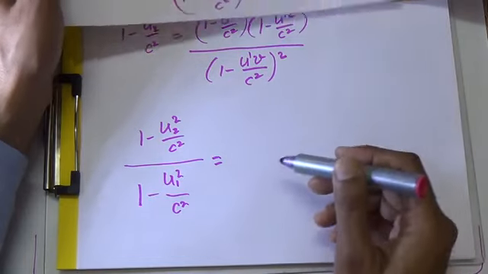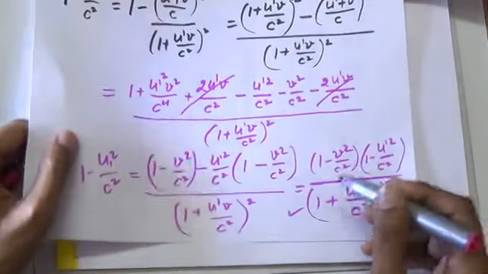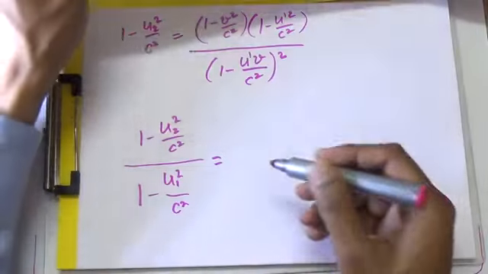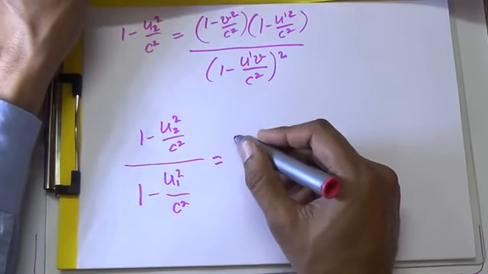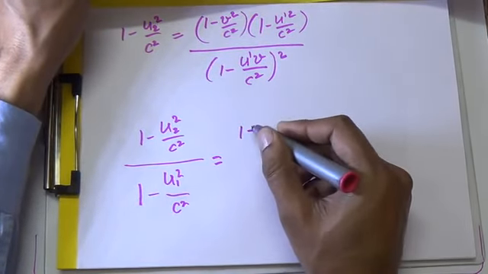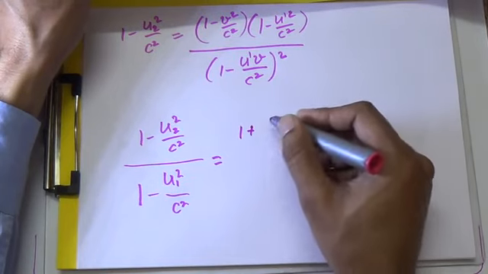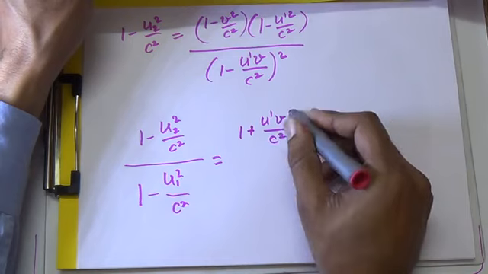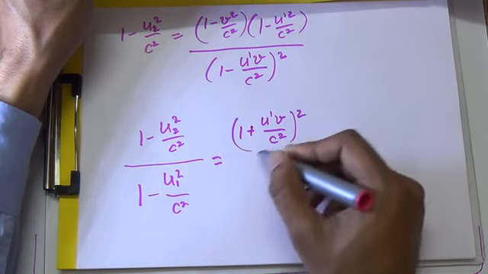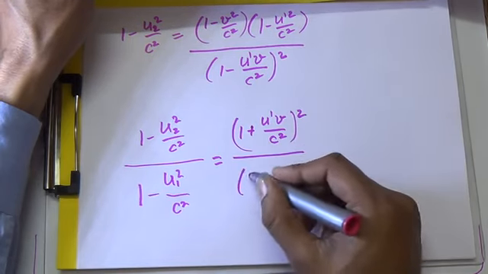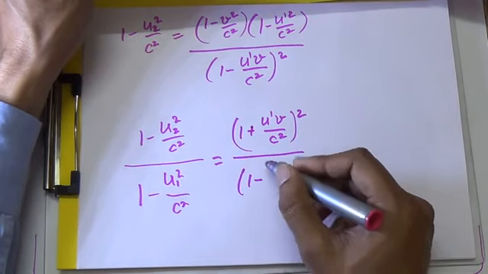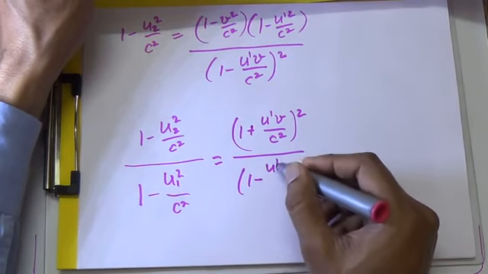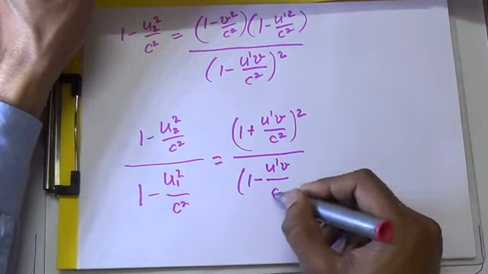And this term basically becomes 1 plus u prime v upon c square whole square upon 1 minus this factor, u prime v upon c square.